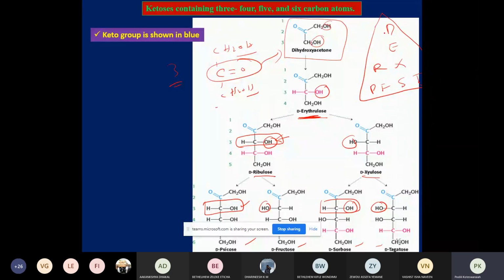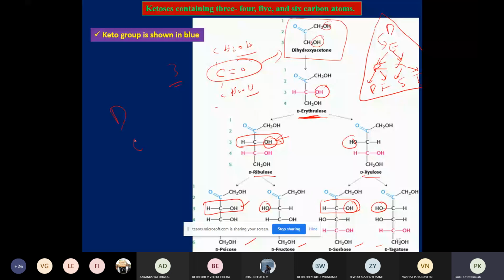That means from the dihydroxyacetone we get erythrulose, from erythrulose ribulose and xylulose, from ribulose psicose and fructose, from xylulose sorbose and tagatose.